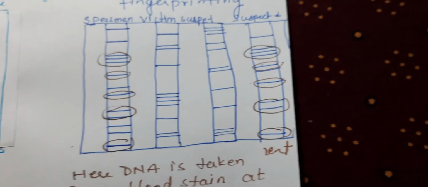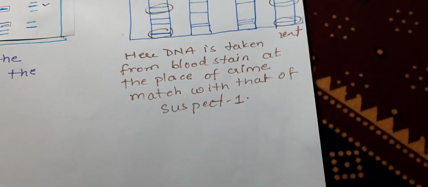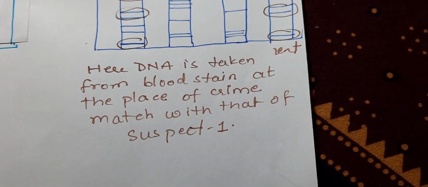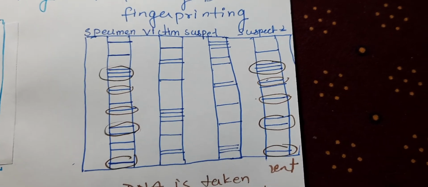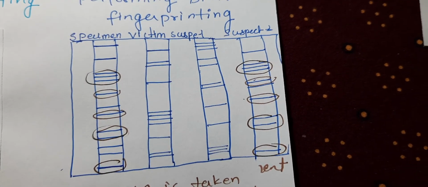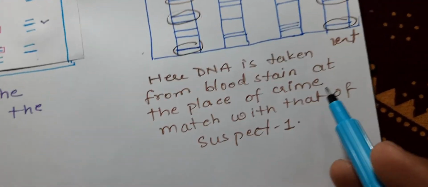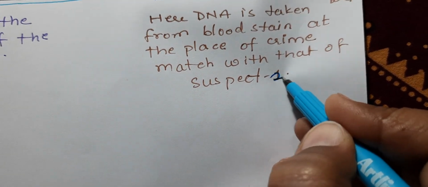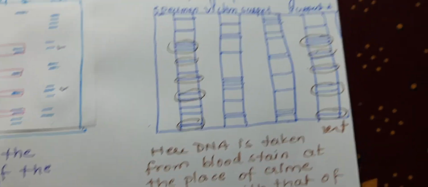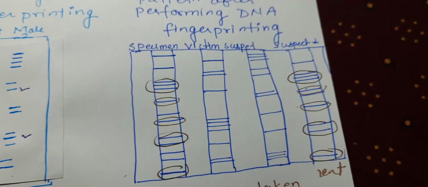Here you can see that most of the band patterns are similar with suspect 2. The DNA taken from the blood stain at the place of crime matches with suspect 2, not with suspect 1. So the banding pattern matches with suspect 2, and this one is the criminal.